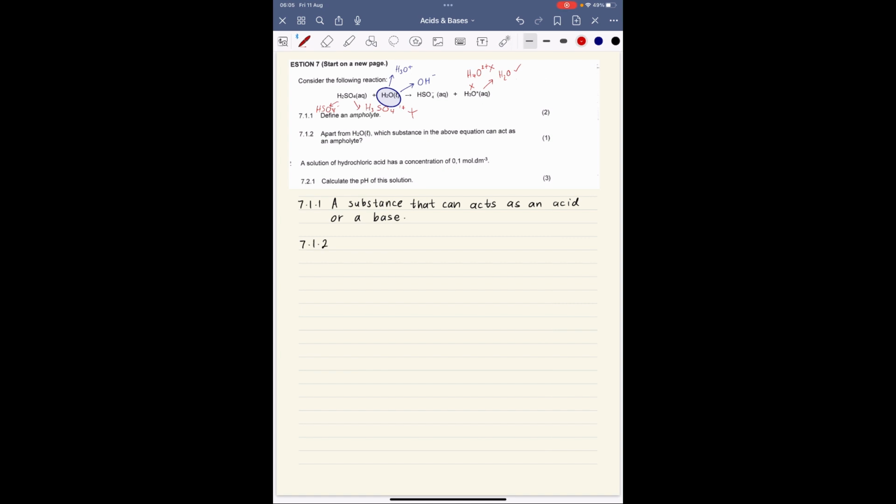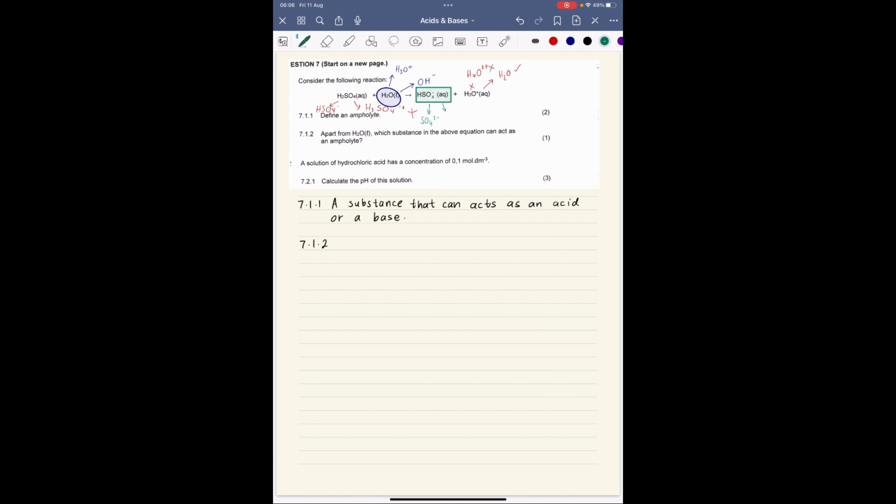So that leaves us with the last substance in our equation, HSO4 minus, the conjugate base of H2SO4. This can exist both as an acid or base. It has room to give off one more H and exist as SO4 2 minus.